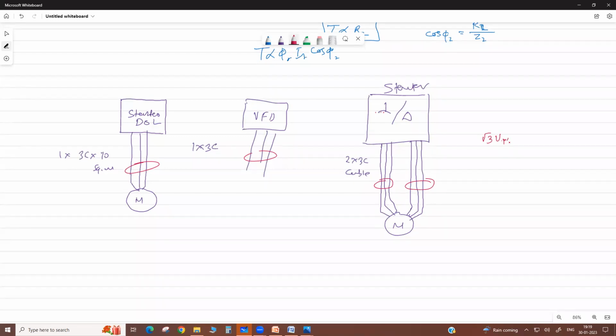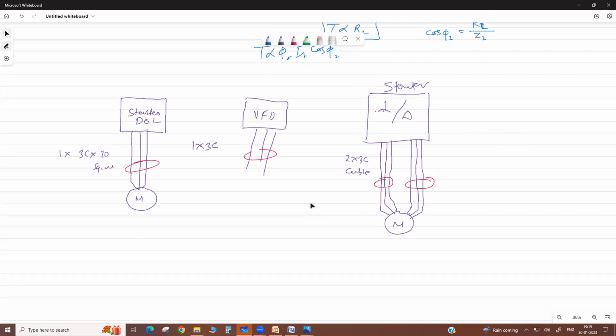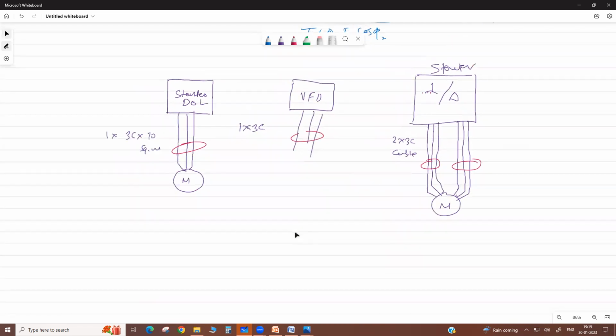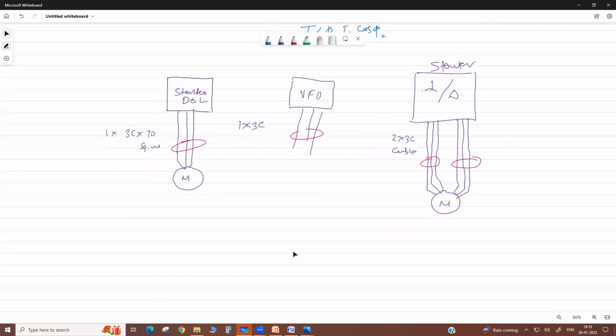So this motor gets a jerk. This is the disadvantage, the limitation of star delta. That's why we go for a VFD or soft starter. This is the starter part, we will discuss later on.